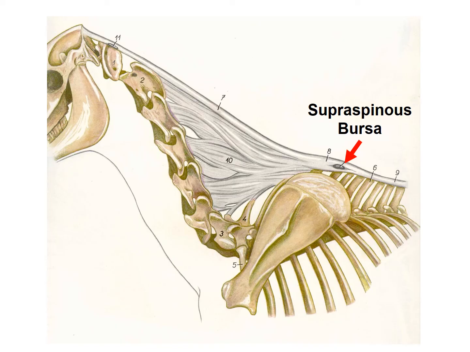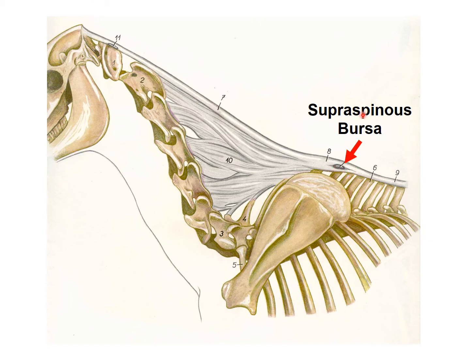The third bursa, or the supraspinous bursa, indicated by the arrow in this picture, is located between the ventral aspect of the funiculus nuchae and the spinous processes of T2 and T3, the spinous processes of thoracic vertebrae 2 and 3.